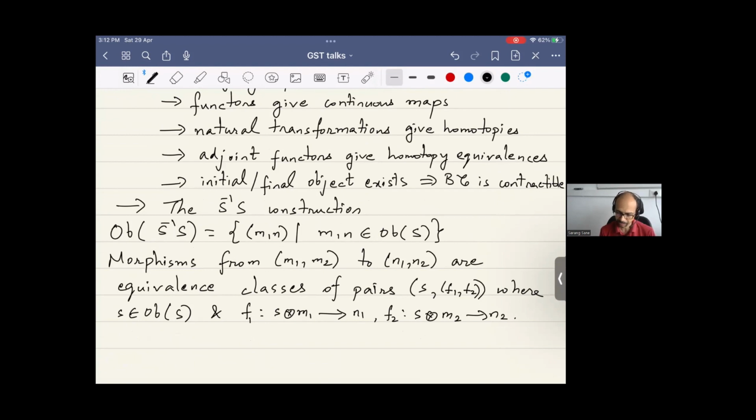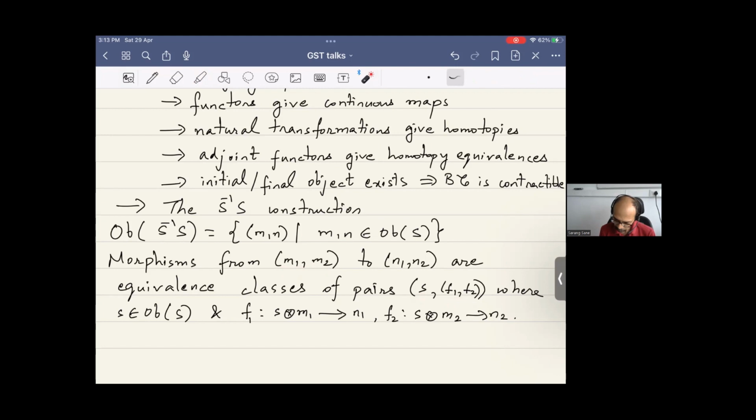S is a symmetric monoidal category, and the objects of S inverse S are pairs M comma N, where they belong to the objects of S. And the morphisms are equivalence classes of pairs of this form, where this beginning S is an object of S, and these two are morphisms after tensoring the left guy with S.